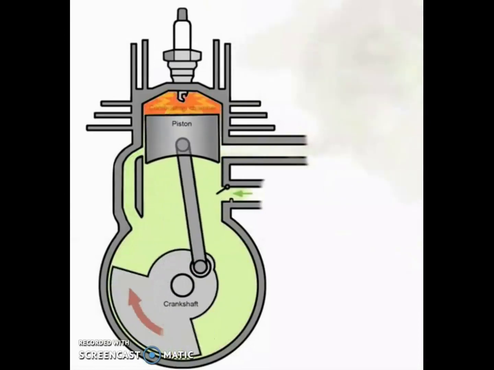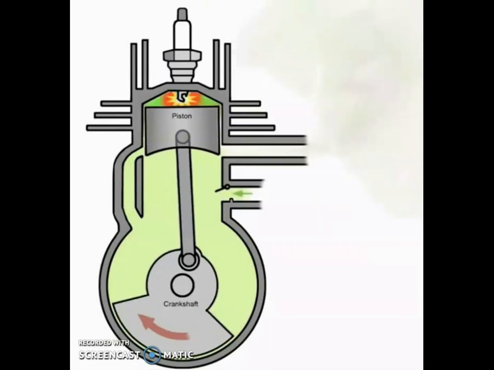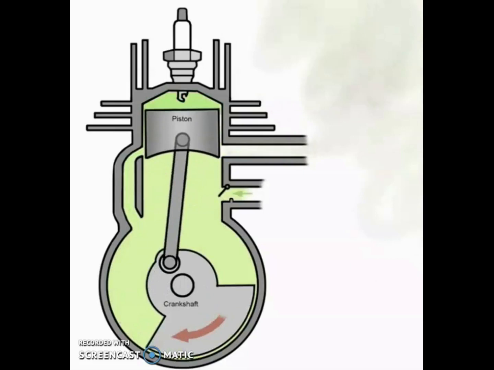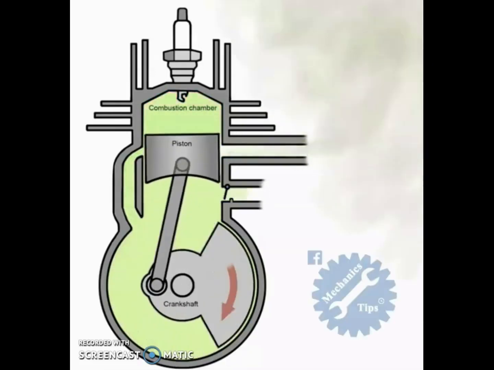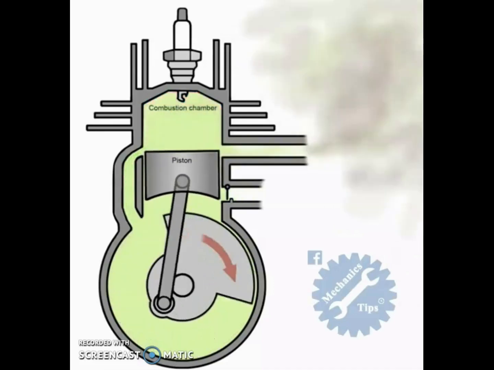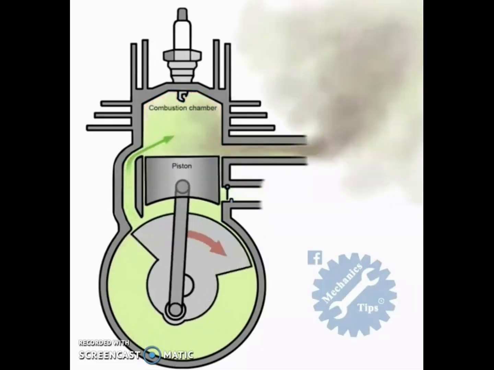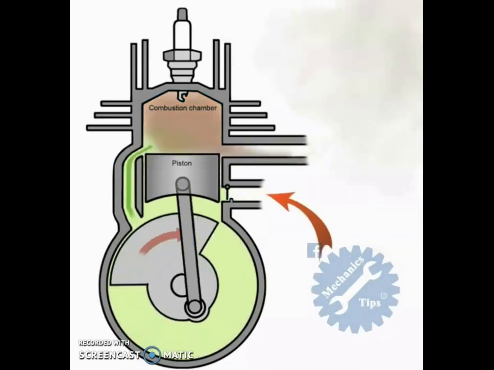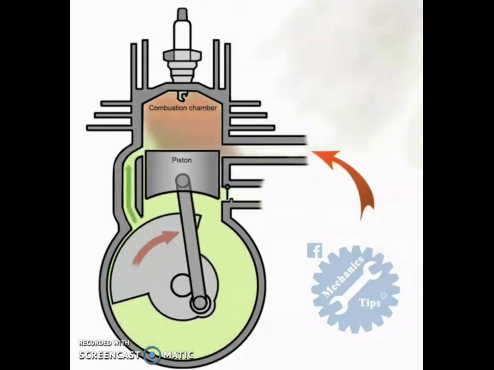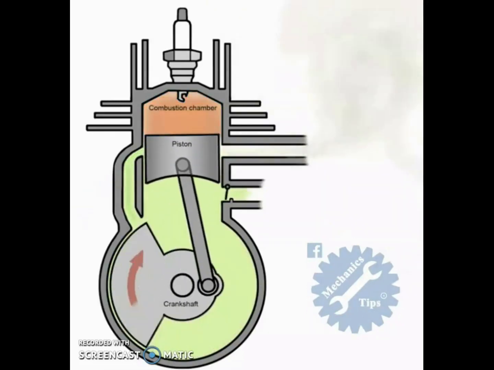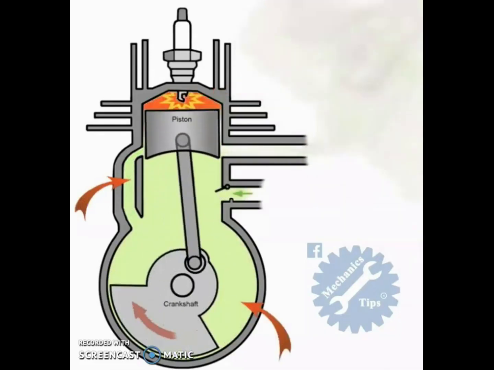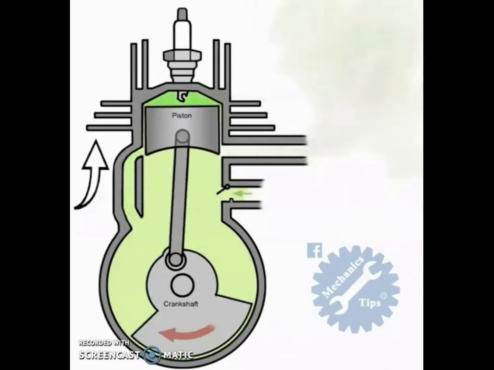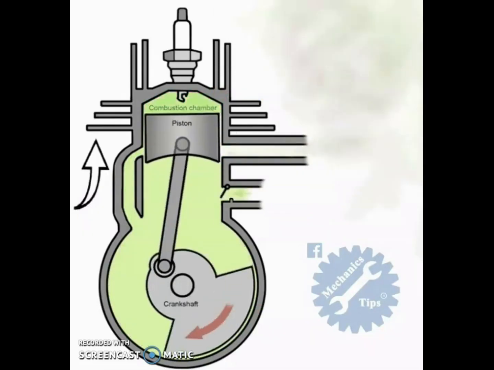You can see the movement of the piston from BDC to TDC, and also the rotation of the crankshaft. When the piston moves upward, it compresses the fuel plus air mixture. Then the spark plug produces a spark to start the combustion.